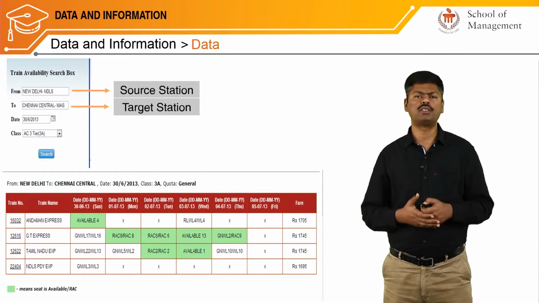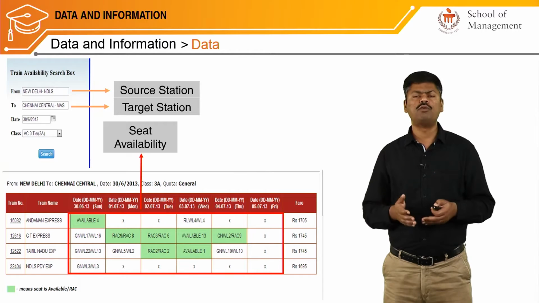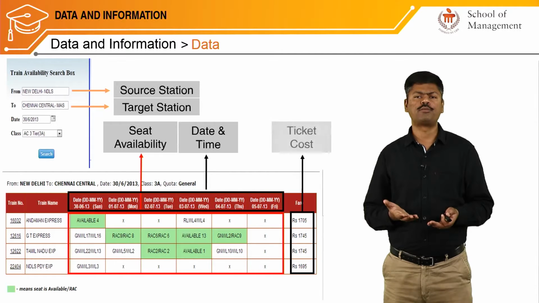We put in the source station and the target station, then we check the seat availability, and finally it gives me a particular time and date when a seat is available, and at what price.